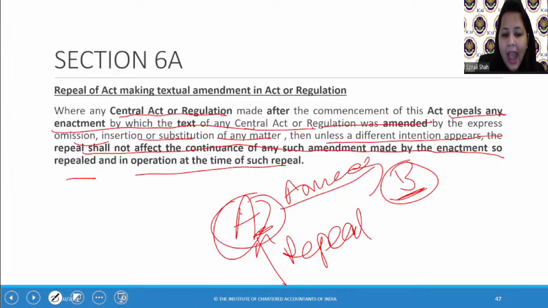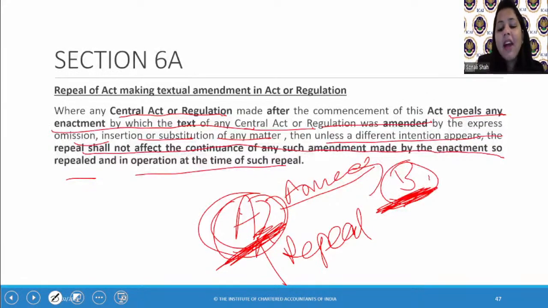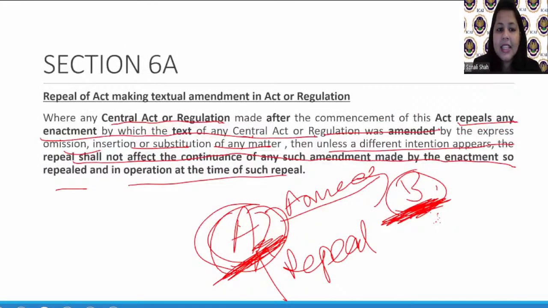So if through Act A there was an amendment made in B, some insertion, some deletion or some substitution, the repealing of this act will not affect the amendments that were made here unless a different intention appears. So there can be a different intention, but generally repealing of this act will not have any effect on the amendments that were made in Act B. This is what is provided for in section 6A. Is this clear?